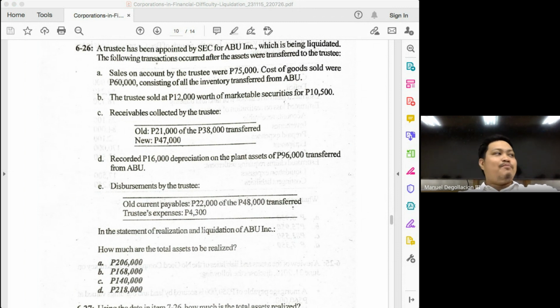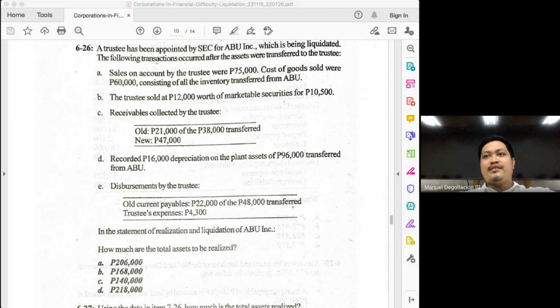Okay. So I want you to understand that our previous understanding of the computation will not be applicable in answering this specific question. Because again, this is technical already. This is specific to your statement of realization and liquidation. So basically, we are trying to answer a new question which we have not yet answered before.